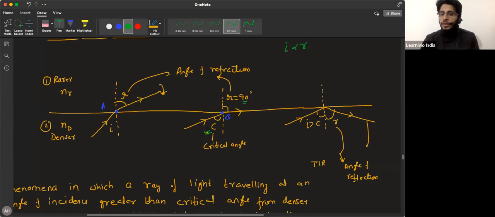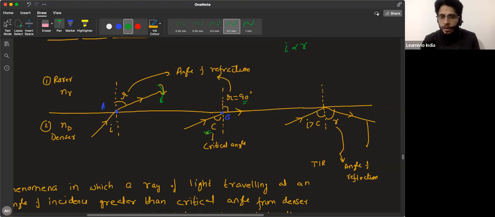And if your angle of incidence is greater than the critical angle, then your ray will reflect back into the same medium. You can see that your ray is rotating anti-clockwise. Keep on increasing the angle of incidence, the angle of refraction will increase.